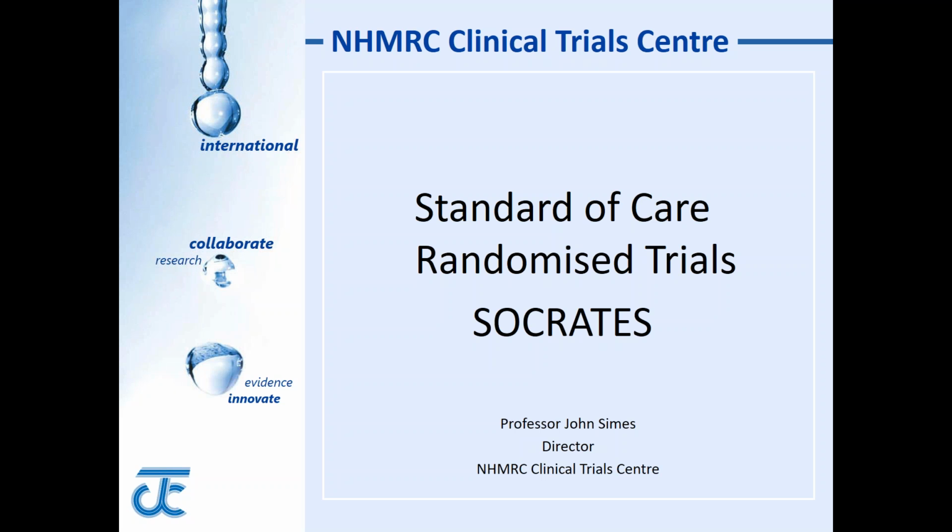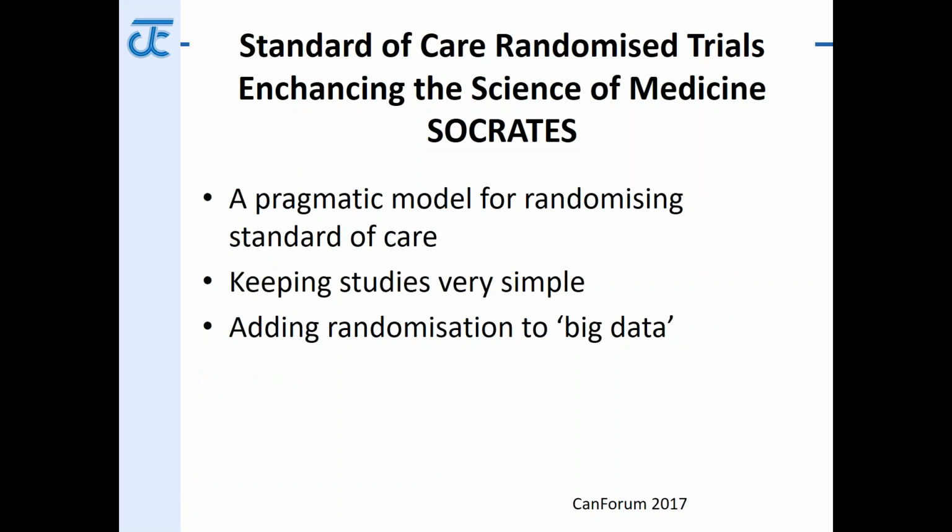Okay. So look, what I'm going to talk about is a fairly radical idea about how we could try to make randomization a much more routine part of delivery of standard of care. Coined the name SOCRATES, standard of care randomized trials, enhancing the science of medicine.